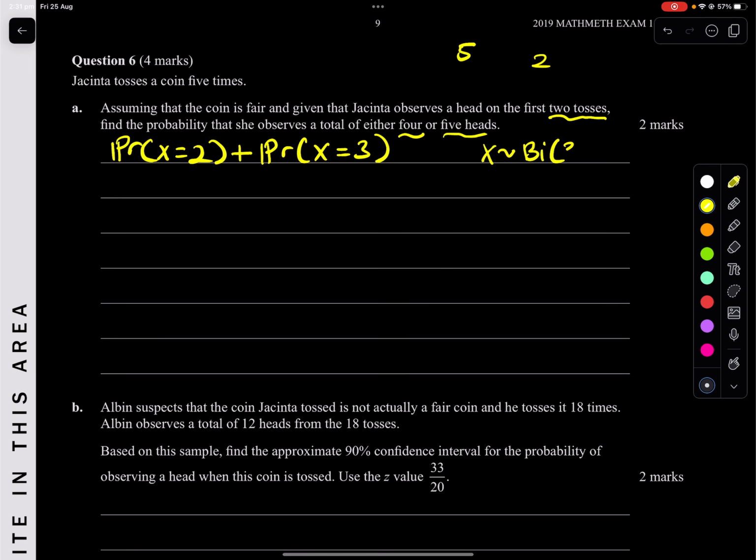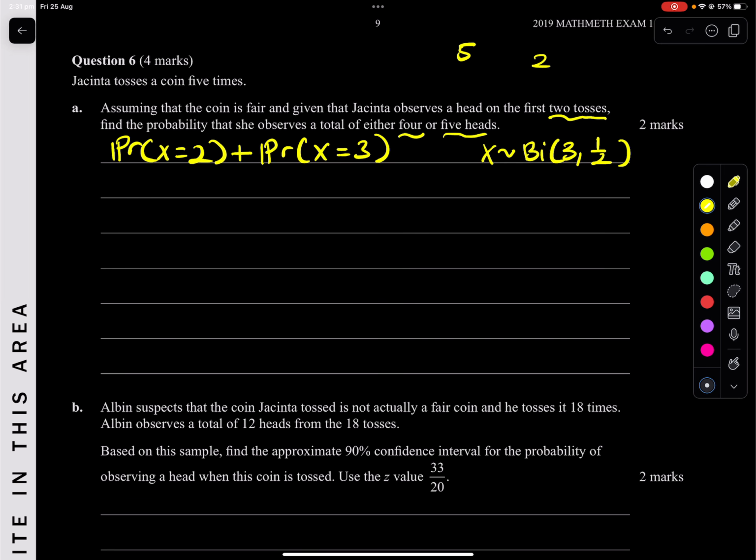So the max is 3. She's thrown it 5 times, but remember, we already know that she's tossed it twice. So 5 minus 2, there's 3 tosses that she can do.